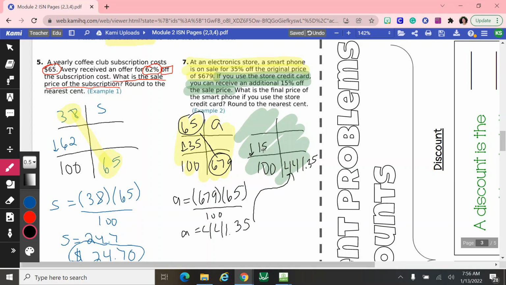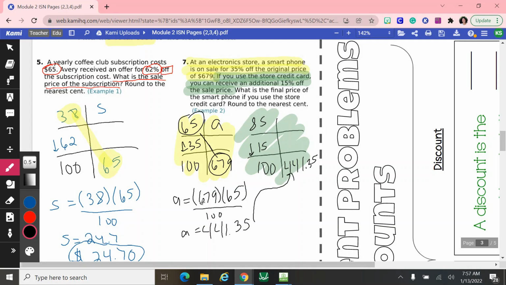And just like we did before, 100 minus 15 is another 85%. So do not combine 35 and 15 and think you're taking a shortcut. You have to do them in two different steps for this strategy here, because it is not a 50% discount. First, it's 35, and then after we take the 35, it's an additional 15, not a combination of the two.